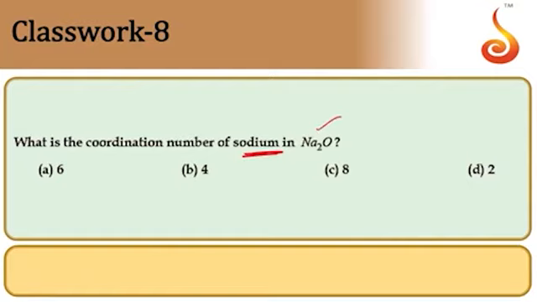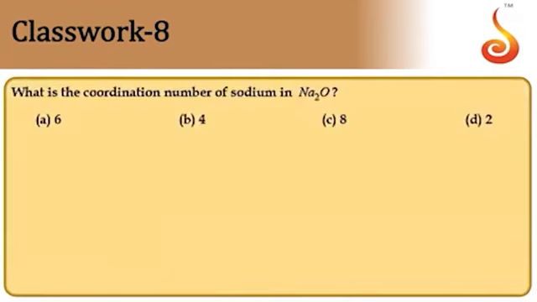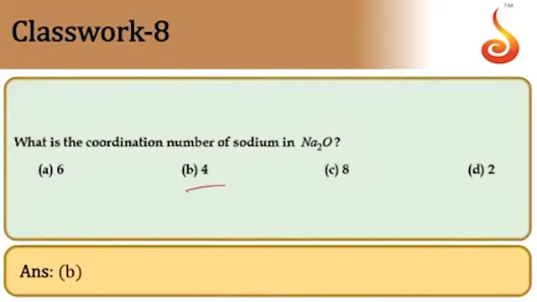In the Na2O structure, O-2 forms an FCC unit, and then Na+ ions occupy all tetrahedral voids. So Na+ will be in tetrahedral voids, meaning the coordination number is 4.